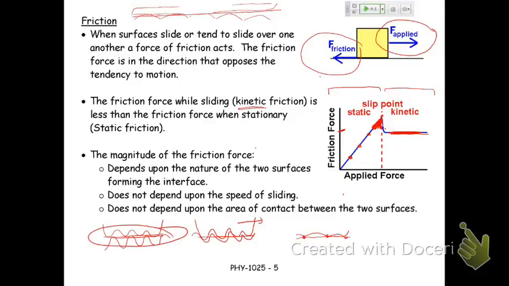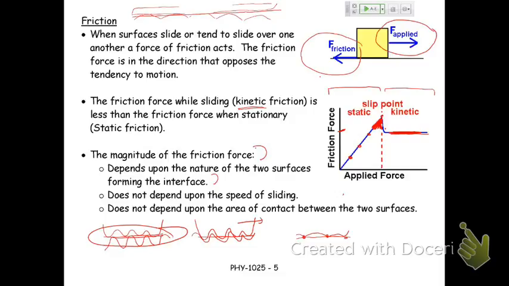The kinetic friction is less than the most extreme static friction. So we say, the magnitude of the friction force depends upon the nature of the surfaces: copper and PTFE, or brass and bismuth, or stainless steel and glass.